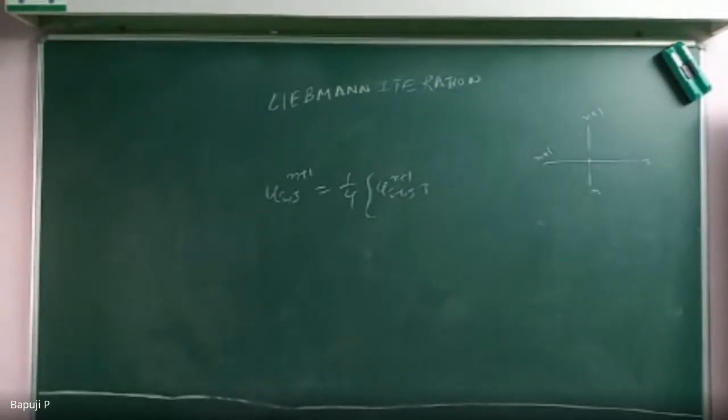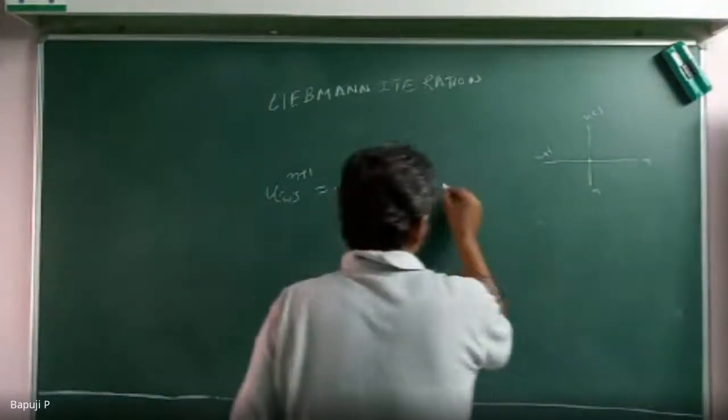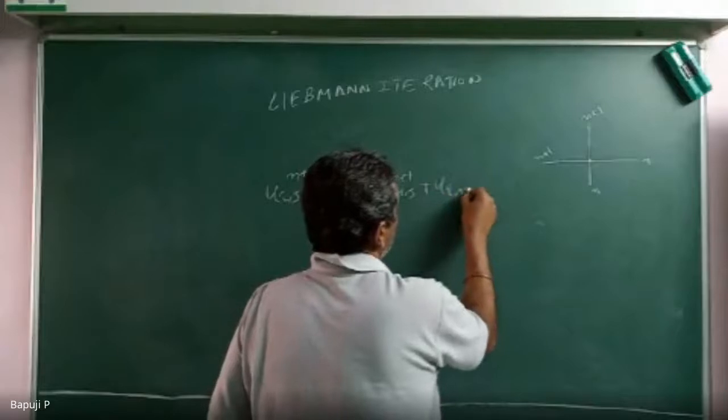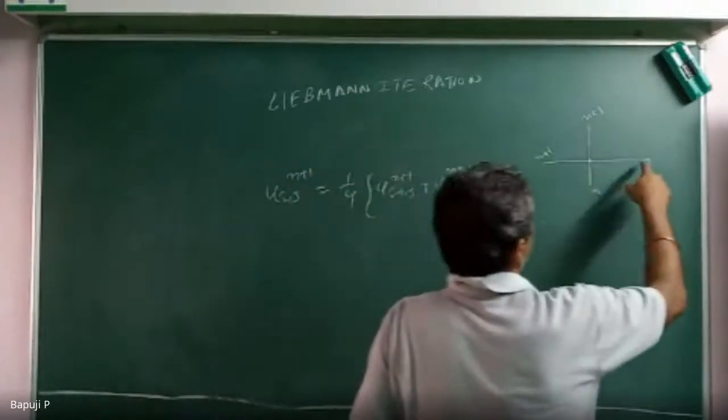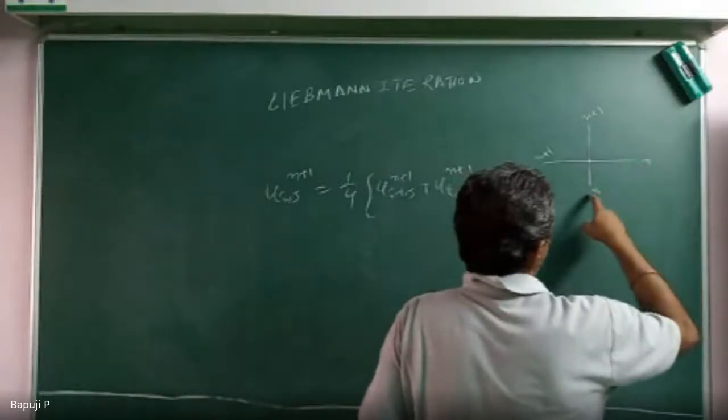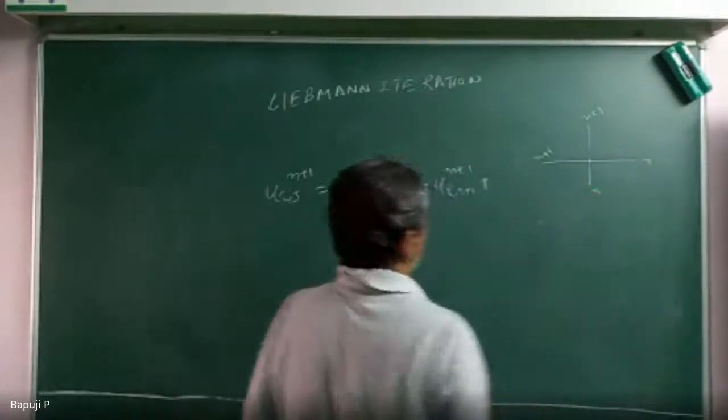Now tell me what that position will become. At the n plus 1 position, I minus 1 comma j, and the top position becomes j plus 1. So how can you write U(i,j)? It is U(i-1,j) at n plus 1 plus U(i,j+1) at n, plus U(i+1,j) at n, plus U(i,j-1) at n plus 1.